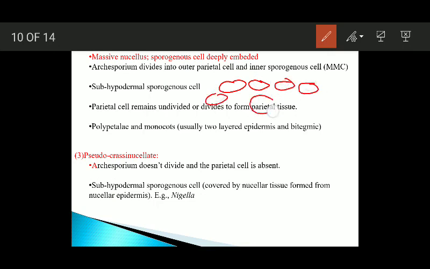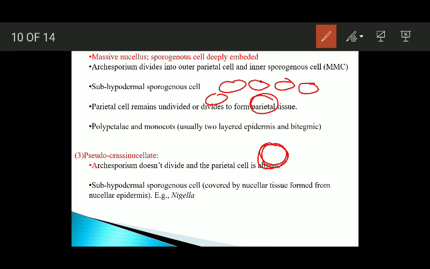You have this cell which starts functioning as the archesporium or archesporial cell. It does not divide, just like in crassinucellate ovules. It remains as such and functions as the megaspore mother cell. But in this case, this megaspore mother cell gets deeply embedded. It is covered by many layers of nucellus, just like the crassinucellate ovules.